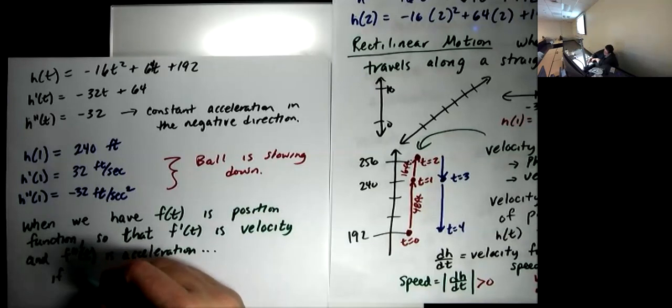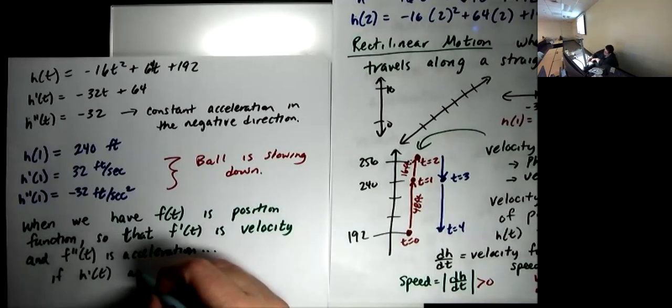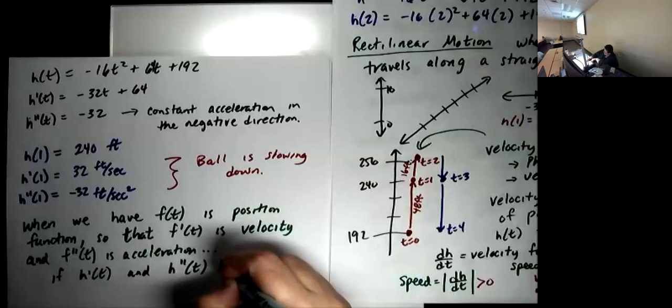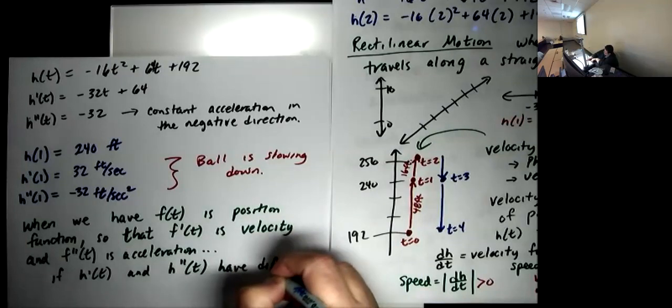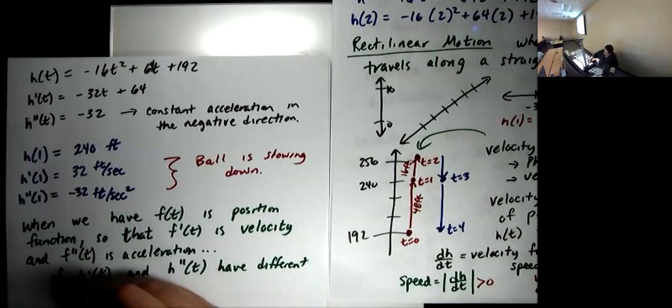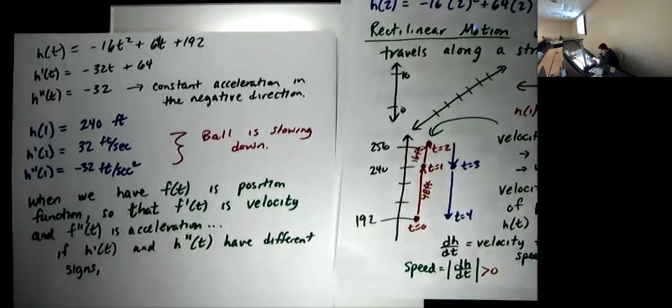If h prime of t and h double prime of t have different signs, the ball is slowing down.